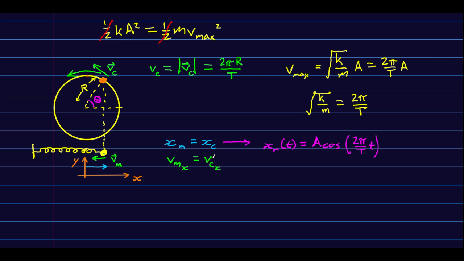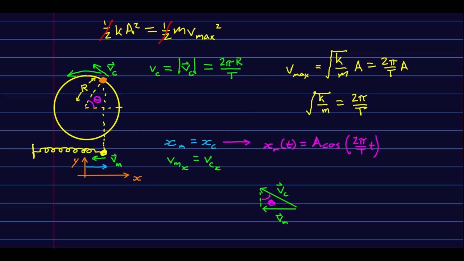We can do a similar trick now using the velocity vectors. So just think about these velocity vectors. At the instant drawn, the velocity of the thing going in a circle is like this, and the velocity of the mass on the spring is like this. And if you go through thinking about the angles, you can see that the angle theta is here.